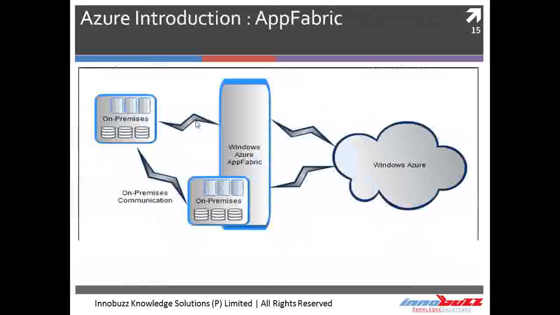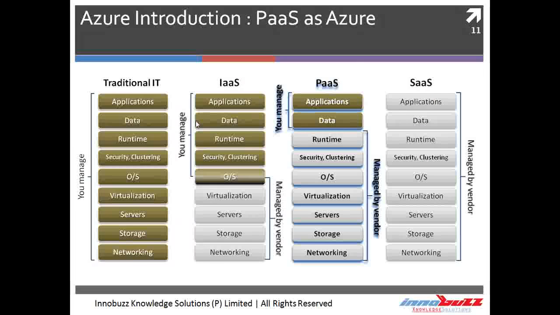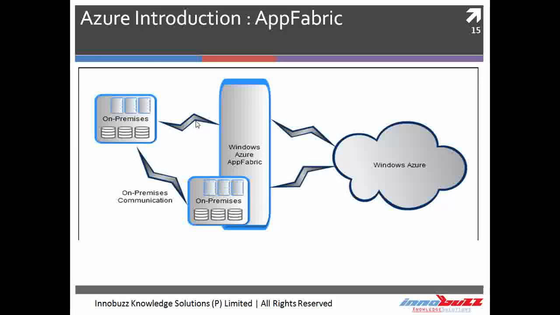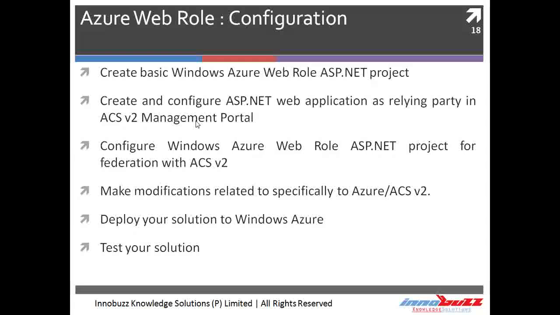We had 3 roles, so here it is: the web role, the worker role, and the VM role. So this is this management portal. The ACS management portal is the one which manages everything. So you know how the configuration is now.